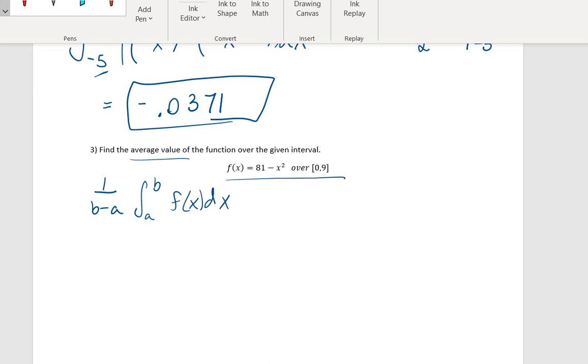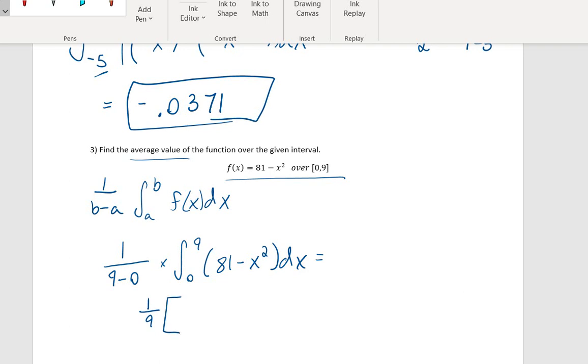So in this case, the average value is going to be 1 over 9 minus 0 times the integral from 0 to 9 of 81 minus x squared dx. That's going to give us 1/9 times, and the antiderivative of this would be 81x minus x cubed over 3, and we need to evaluate that from 0 to 9.